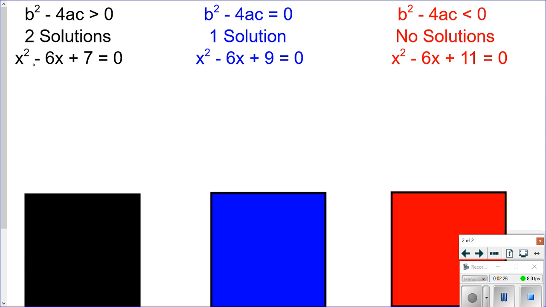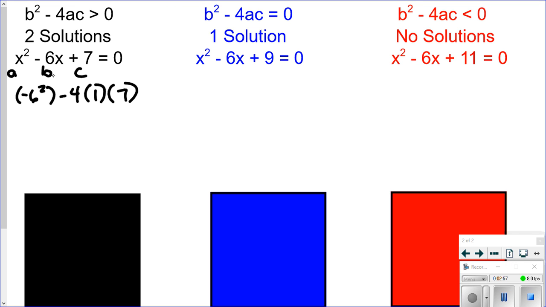Let's start with this first one here on the left. Again, here's how we calculate the discriminant. We're going to square b. This is your b value here, in this case, -6. Our a value is 1, and our c value is +7. So I'm going to do -6 squared minus 4 times the a value, which is 1, times the c value, which is 7.